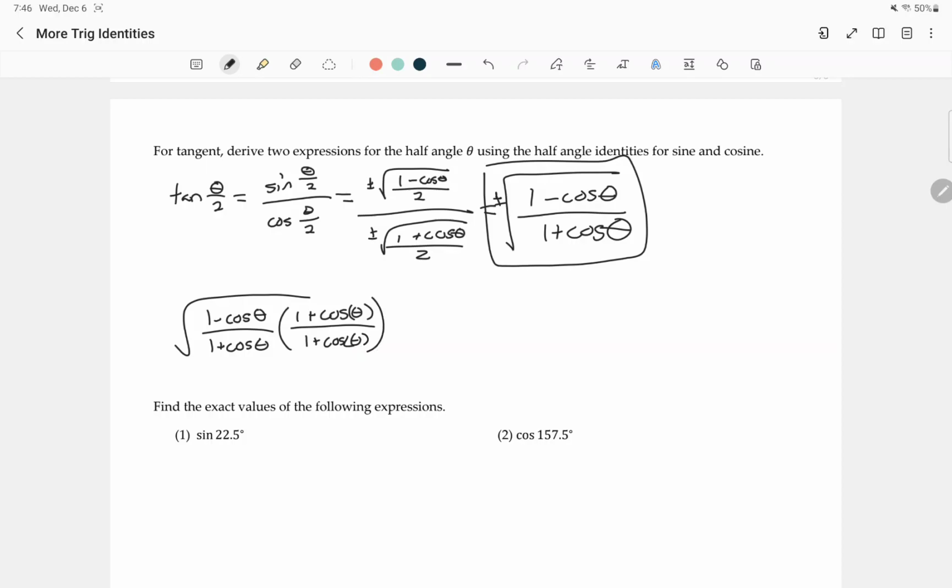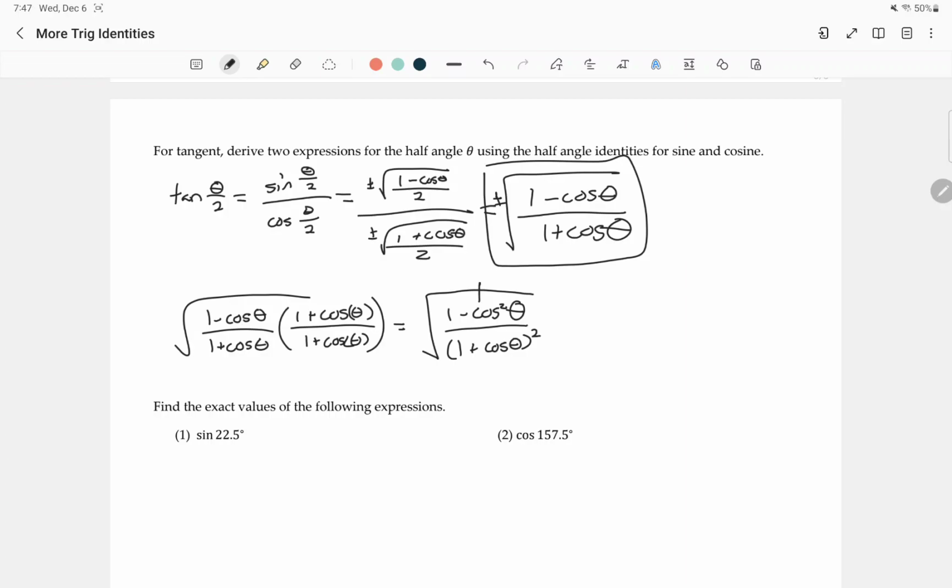this is going to give us something that looks like this. If we do the conjugate on the top, it's going to be 1 minus cosine squared theta on the top, my bad, and it's over 1 plus cosine theta, squared, on the bottom.